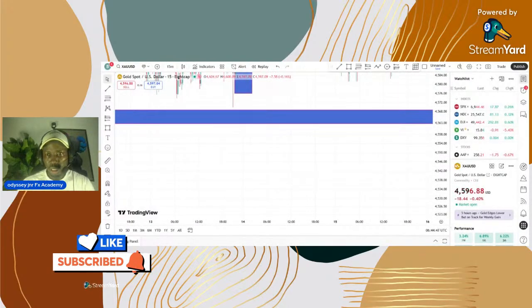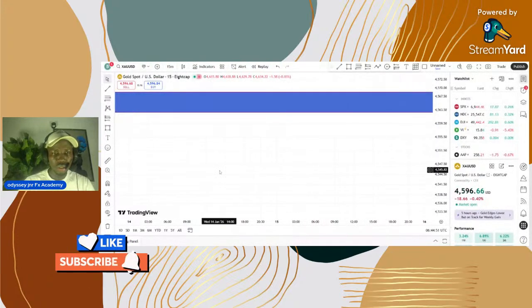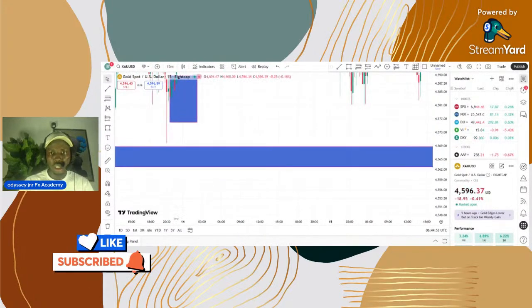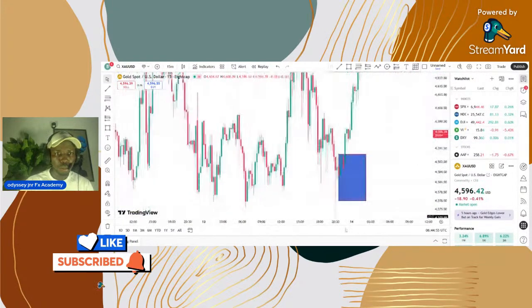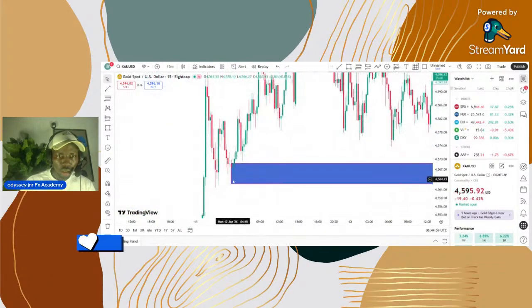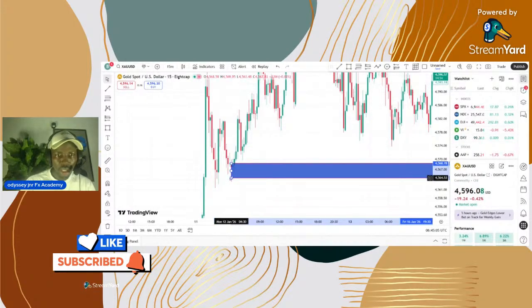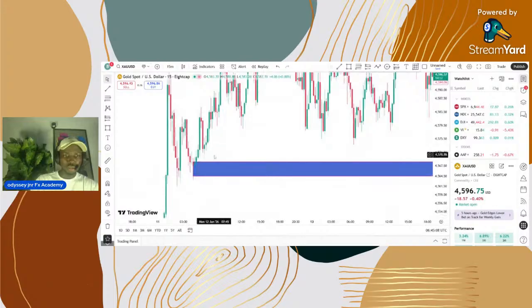Let me expand this a little bit so that you can see better. So this is the order block that I can stay and wait for this trade on.